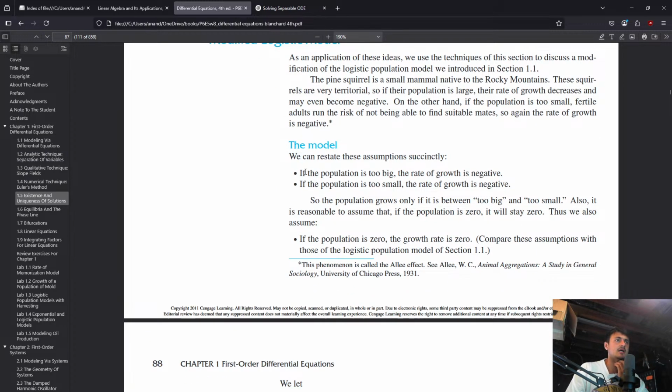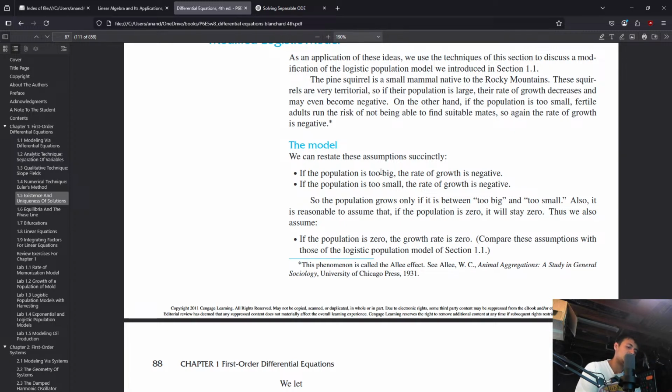All right, if the population is too big, the growth is negative. Okay, so let's say we have an alpha. If p is greater than alpha, dp/dt is less than 0.